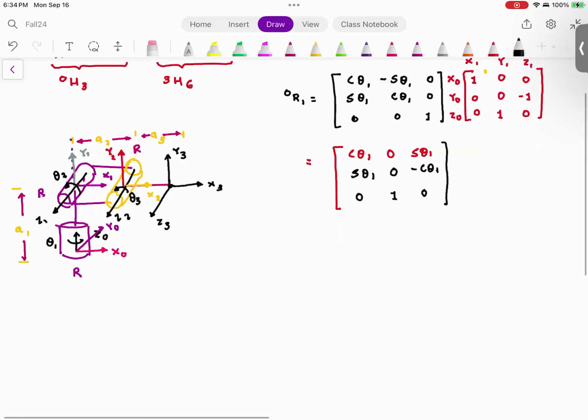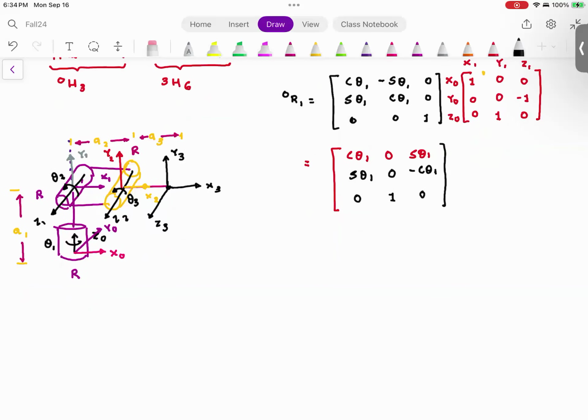Now we need to come up with the homogeneous transformation. The homogeneous transformation is 0H1. And what we will do is, we will get this rotation matrix and plug this in here: sine theta 1, 0, minus cosine theta 1, 0, 1, 0, 0, 0, 0, and I have 1 here.